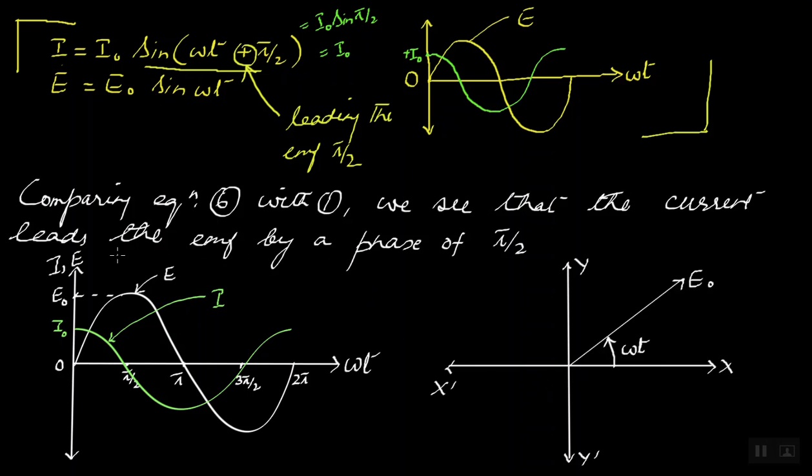But then what did I say? The current is leading. Yes or no? It leads. And it's leading by how much? By 90 degree. And remember that it is anti-clockwise. So if it is leading, the EMF is still here, the current is already in front. This is the peak value of the current I naught. And by how much is it leading the EMF? By a phase angle of pi by 2.